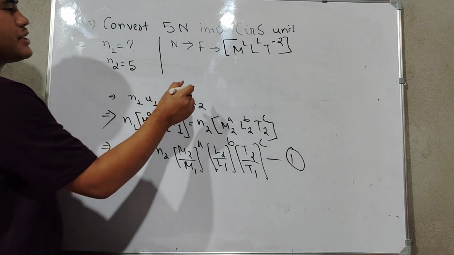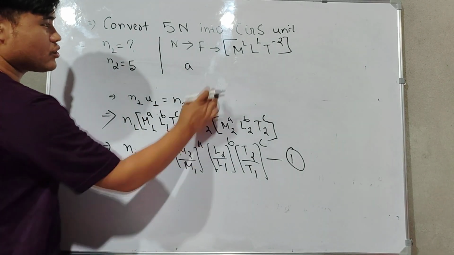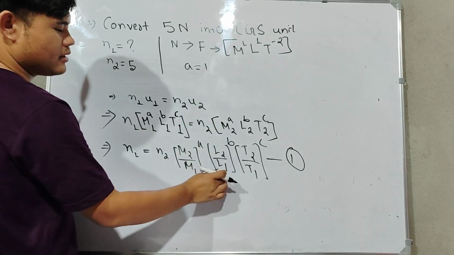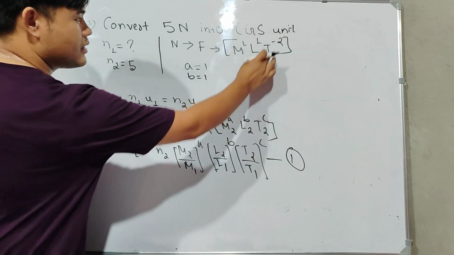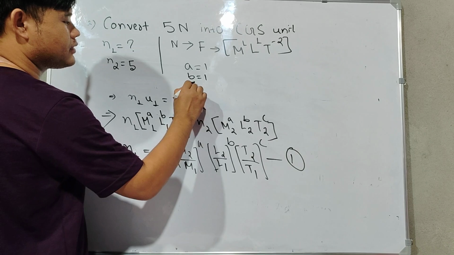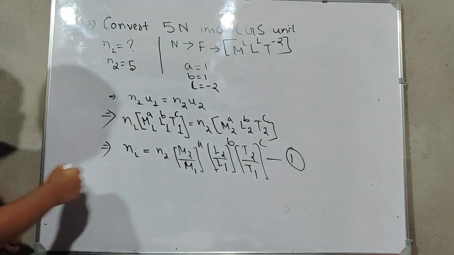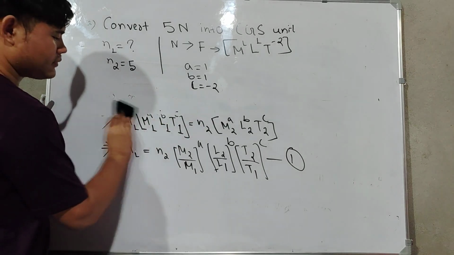Here M is mass only, so it has the power of 1. For L, the power B is 1, and then T has the power C. So C is equal to how much? Minus 2. Now we can put it in this formula. Okay, so let's see.